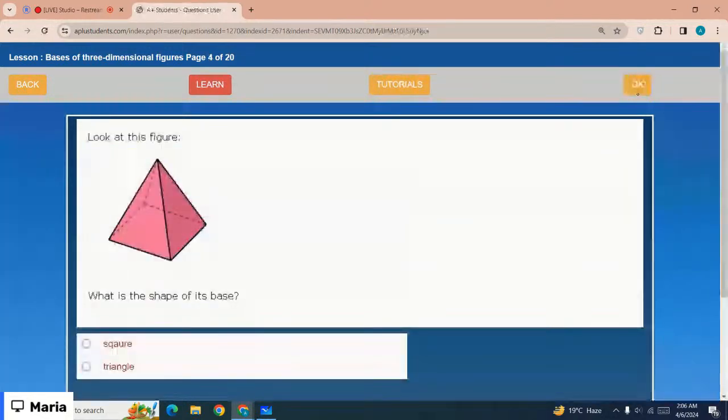Look at this figure. What is the shape of its base? Which is the correct option?